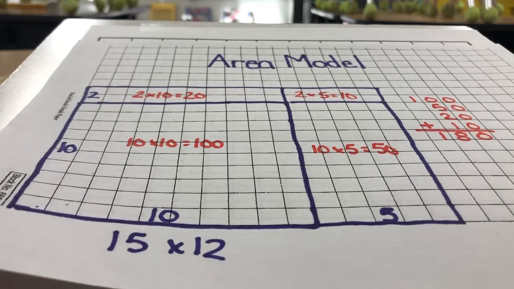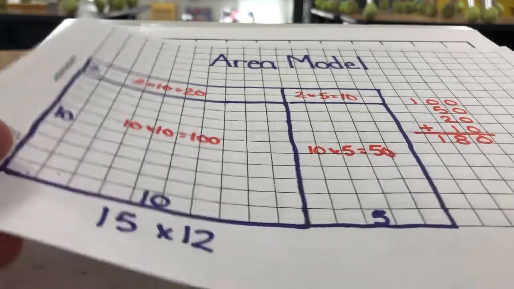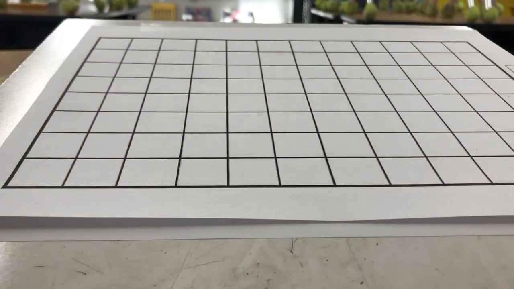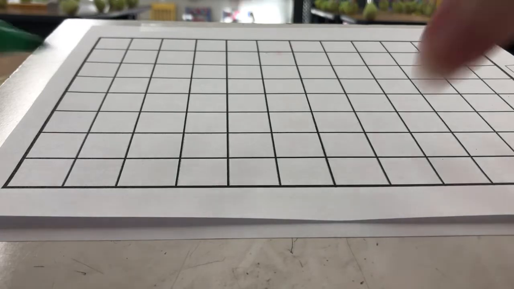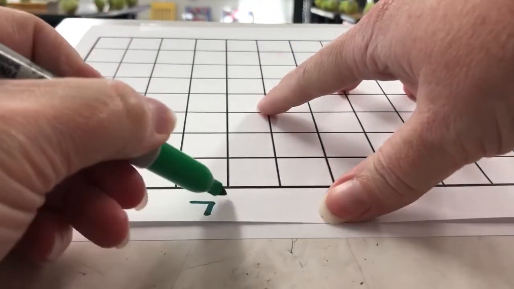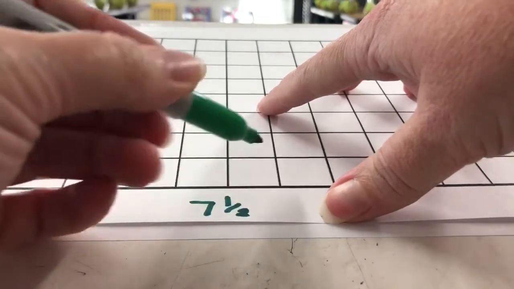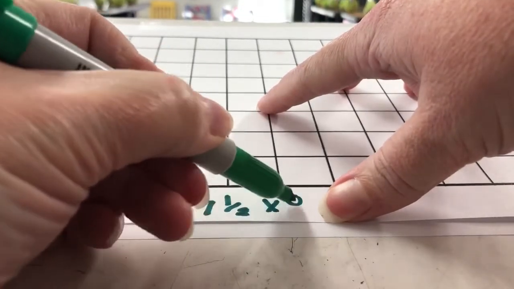Now in 5th grade, we're going to multiply a whole number times a mixed number. So let's model how to do that on the graph paper. My math problem this time is going to be 7 1/2 times 8.